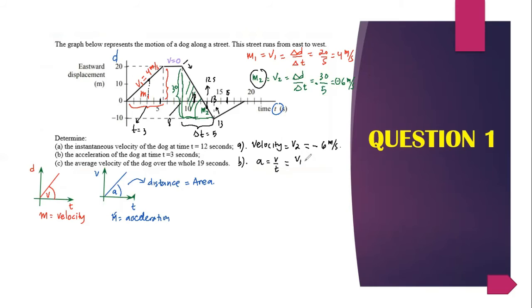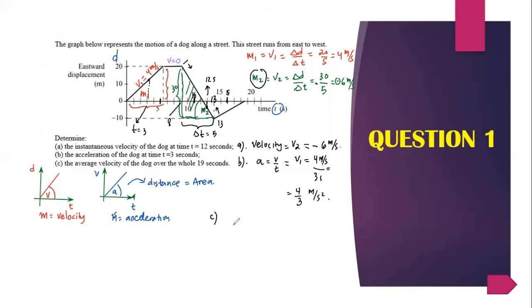So v1 is 4 meter per second over t of 3 seconds. So we got the acceleration is 4 over 3 meter per second squared. Is it clear to you?